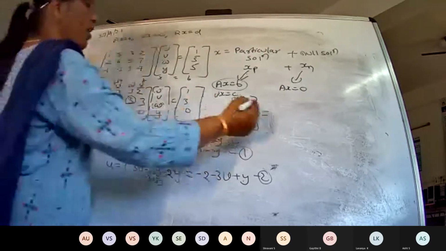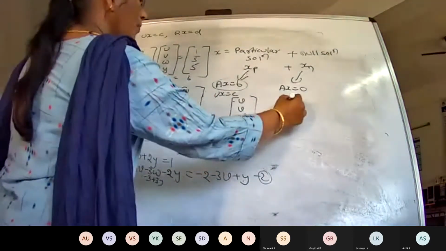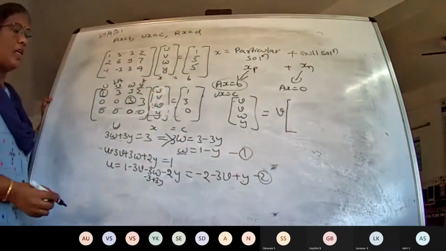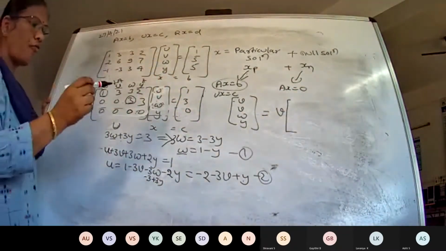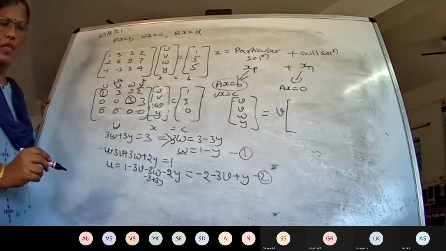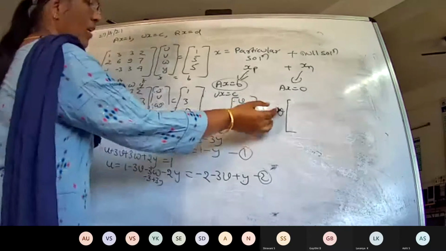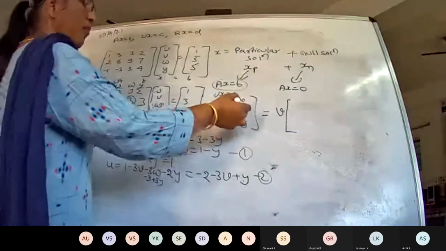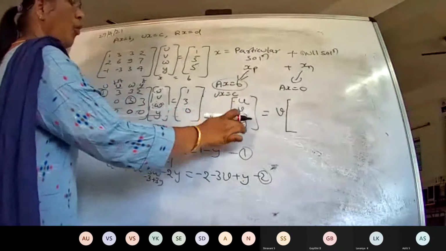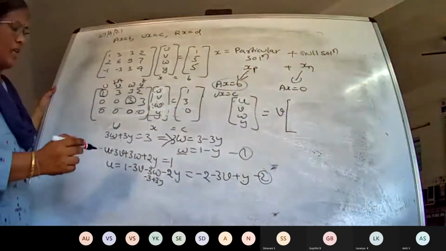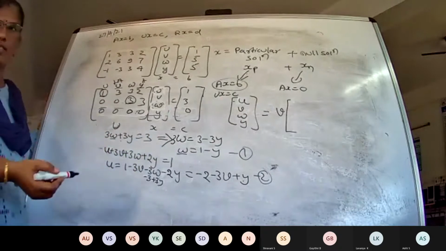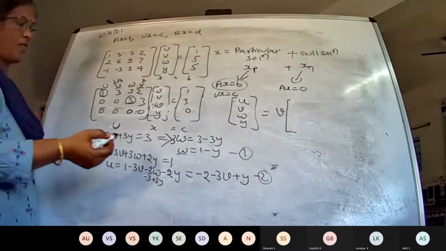So if I am writing V and Y, what will I be writing? V, okay? So what is the coefficient of V in U, V, W, Y? Like that I will be writing. For U and W you will take it from here, and for the rest you will substitute by yourself.